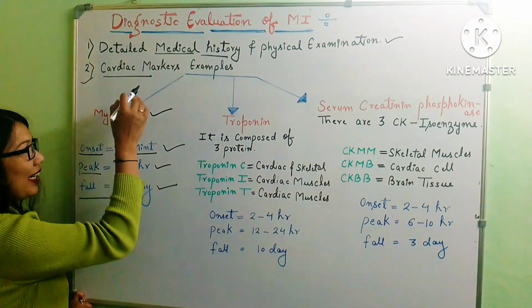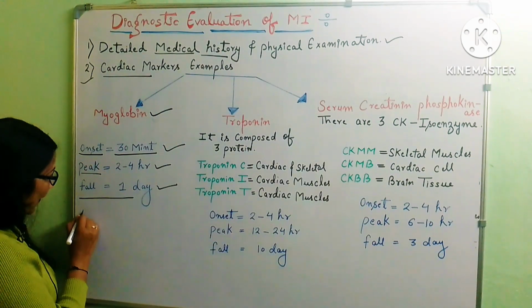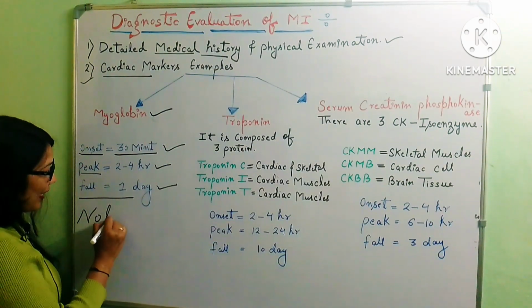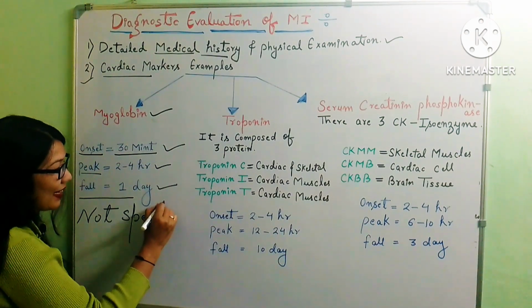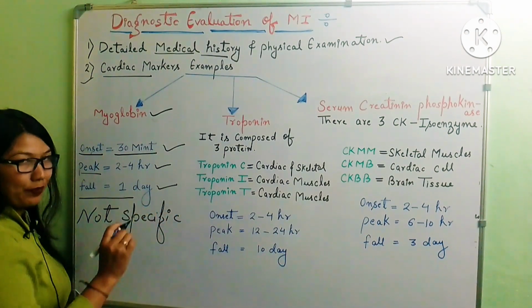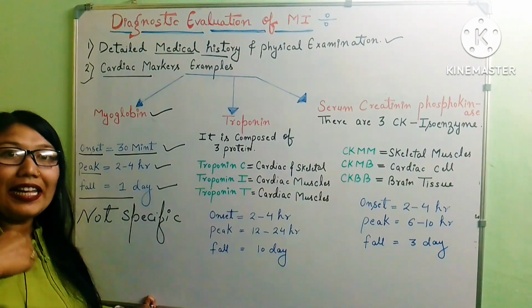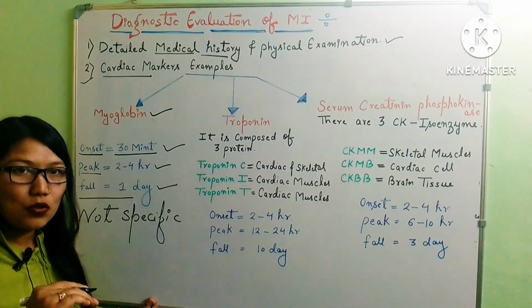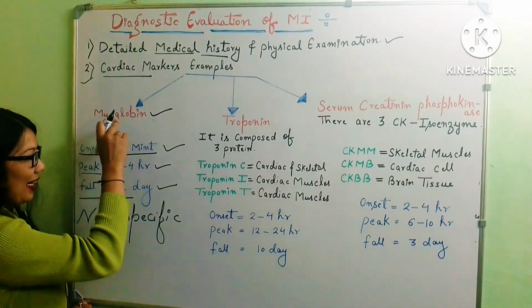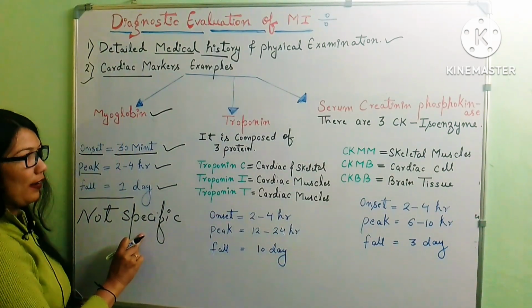So it is not specific. Why is it not a specific cardiac marker? Because it rises very early in the bloodstream and falls very early. So it is not used; it is not so specific a cardiac marker.